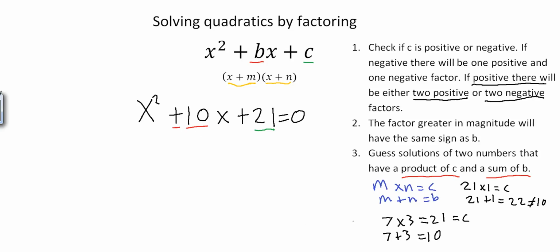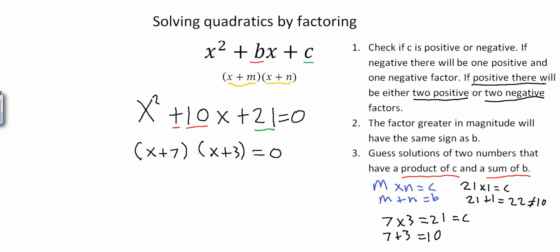So now we know that 7 and 3 will be our factors for this equation, and we can write this out like this: x plus 7 times x plus 3, and that's going to equal 0.